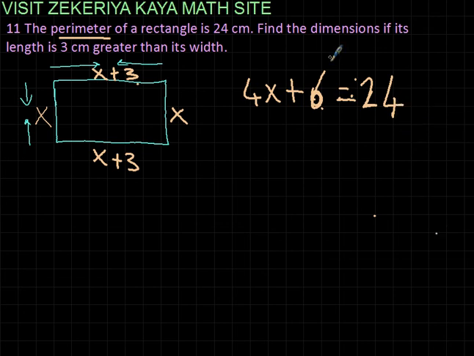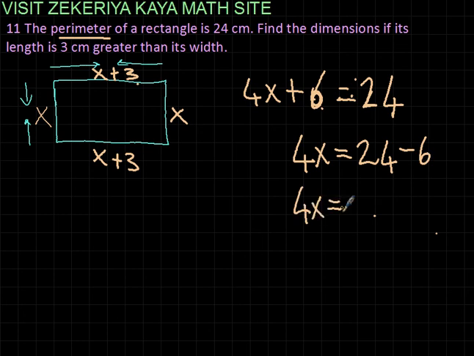So firstly we move plus 6 to the other side. 4x is equal to 24 minus 6. Then 4x is equal to 24 minus 6, which makes 18.